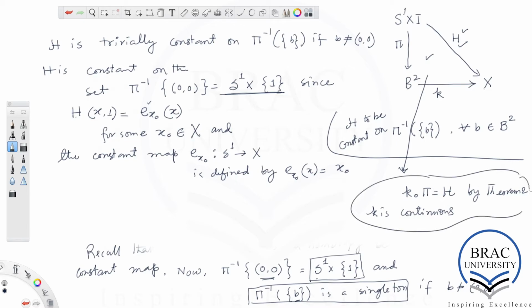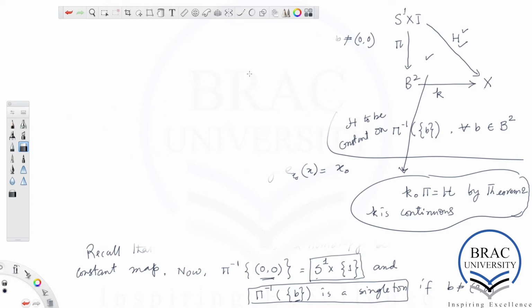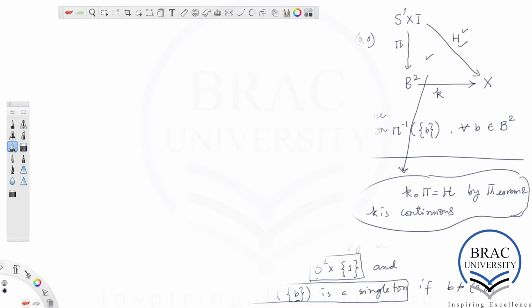Okay, so these are the results we obtained from theorem 2. Okay, good. I need some space. So K from B2 to X is continuous, which we have seen by applying theorem 2.